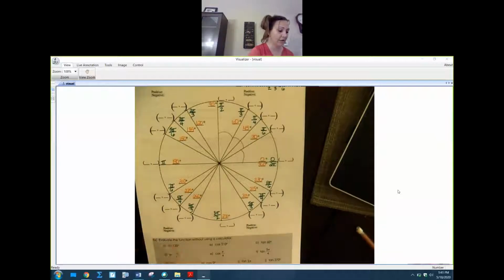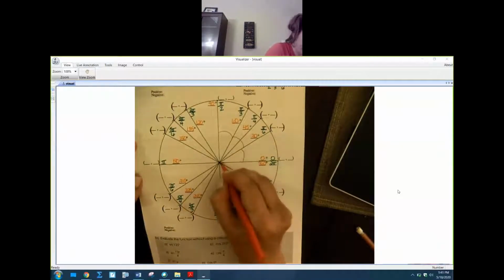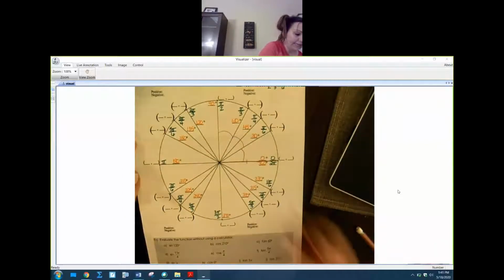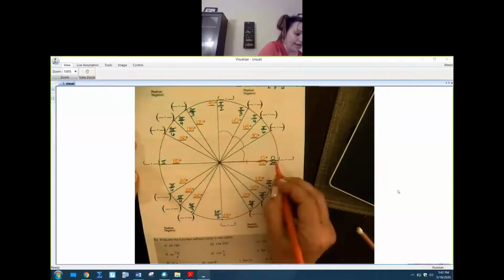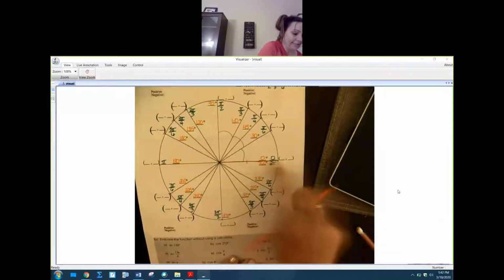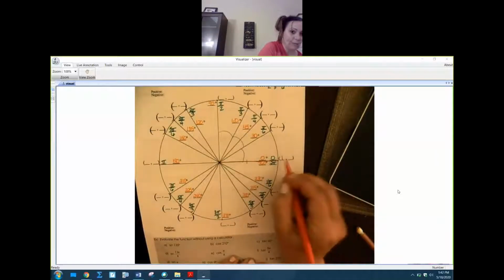So now let's talk about the ordered pairs. This is called the unit circle because this is 1 unit, like this has a length of 1. If a radius has a length of 1 and we wanted to make an ordered pair out of that, that means we moved 1 on the x-axis, but we didn't move on the y at all.